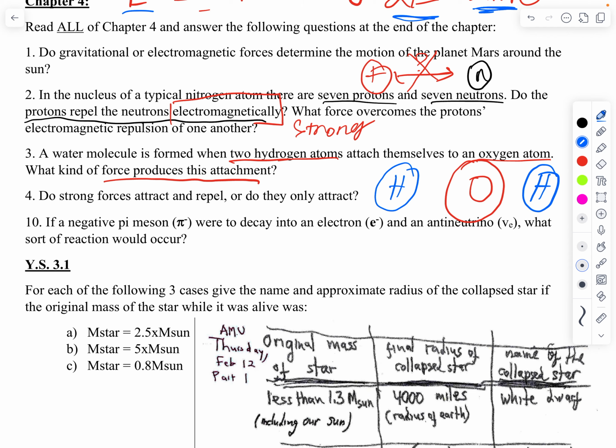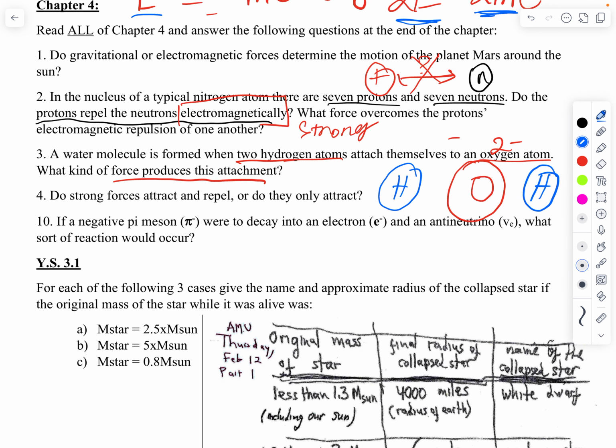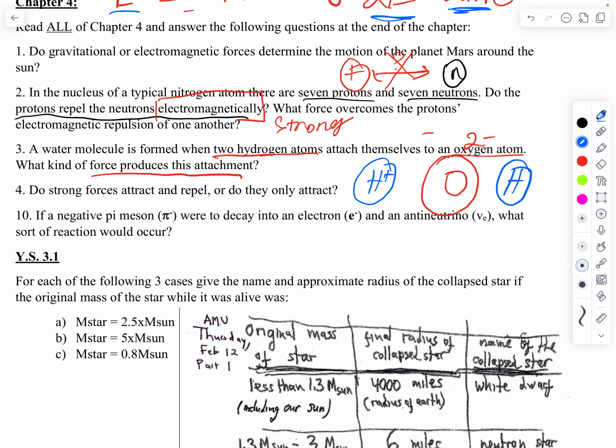Oxygen is bigger than hydrogen, and oxygen carries a 2 negative charge, and each hydrogen carries a 1 positive charge, right? There are 2 hydrogens, so 2 plus charge, and 2 negative charge on the oxygen. So they would attract each other because they are different. Different charges attract, so the overall charge is 0.